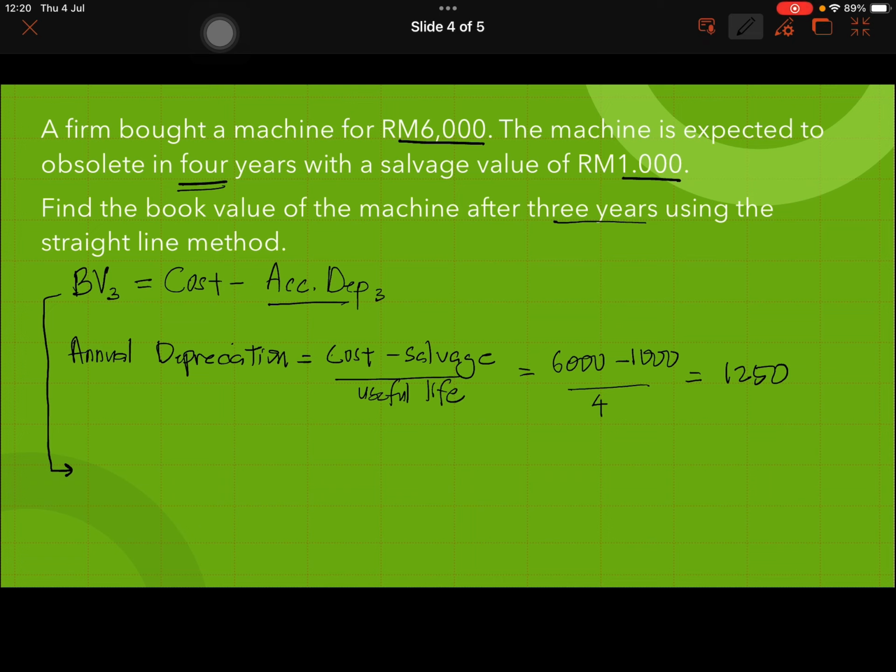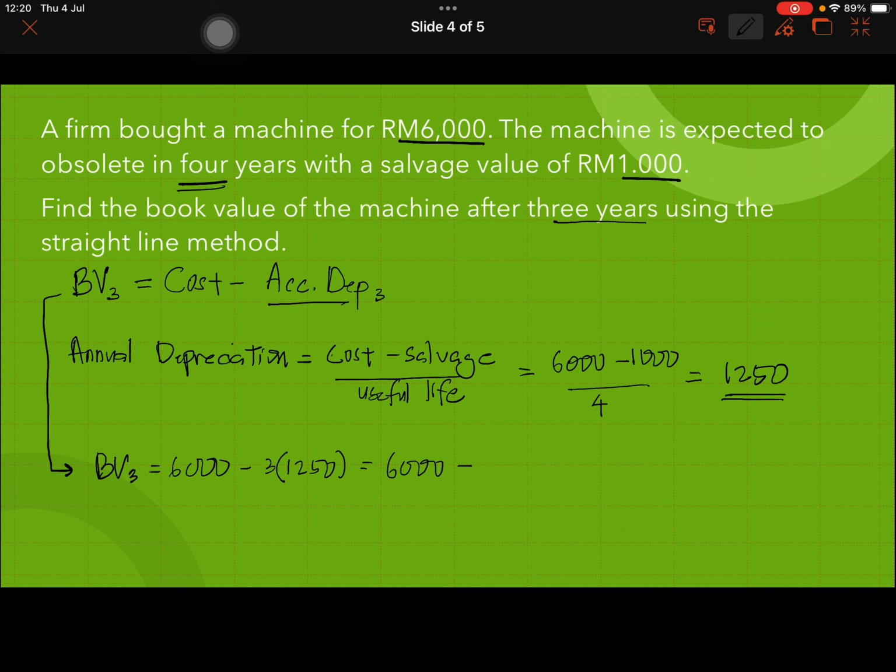Then obviously for the book value at the end of year 3, we just take the cost minus accumulated depreciation until year 3. This depreciation will affect the machine for 3 years, or 3 times. So easily we get the book value at the end of year 3 is 6,000 minus 3 multiplied by the annual depreciation of 1,250.